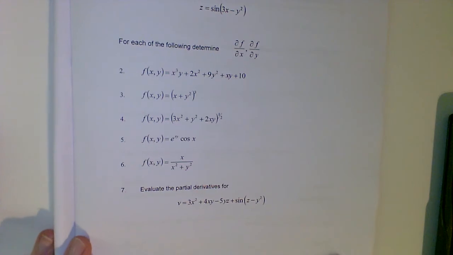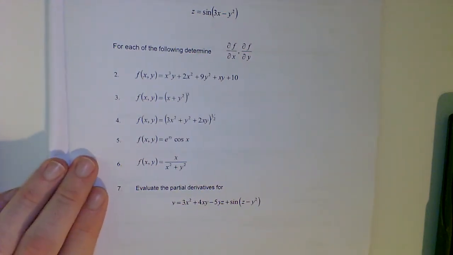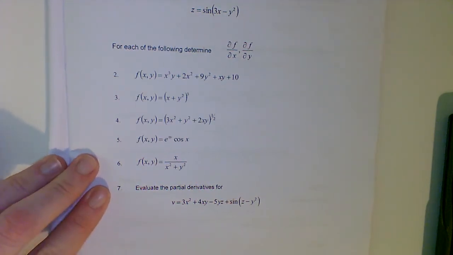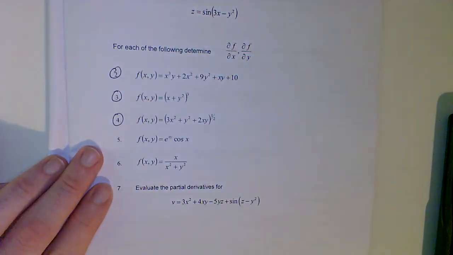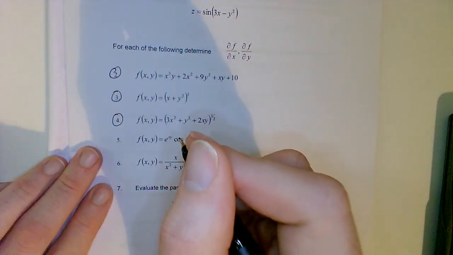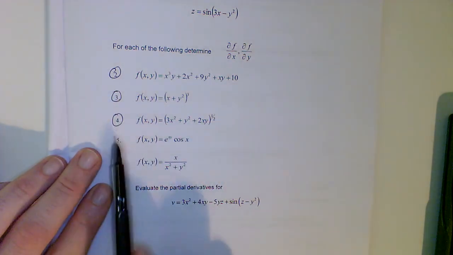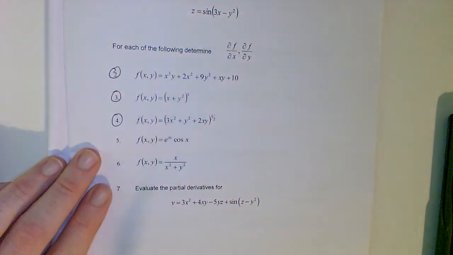This is page number 9 with the questions on it. It might be slightly different in the book I've put up in Teams. I want you to try questions 2, 3, 4, then 1. So we have to do 2, 3, 4, and then number 1.